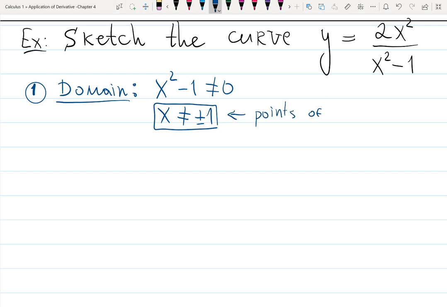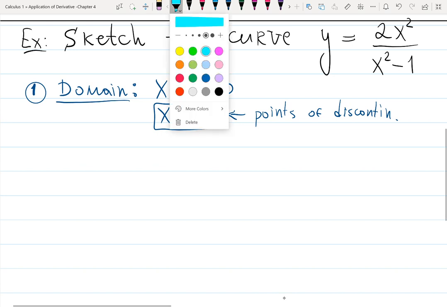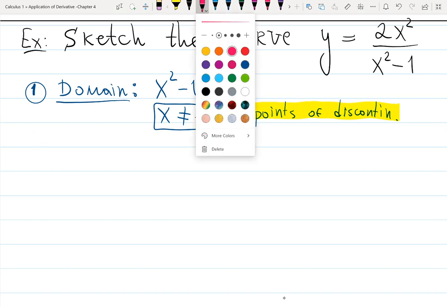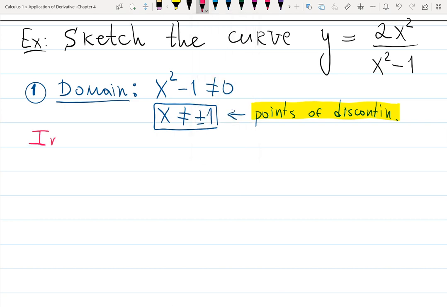Points of discontinuity. Please remember what I'm going to say right now. When you find points of discontinuity for these types of problems, and you will keep going with the first derivative test and second derivative test, always include these points into sign lines. Note: include points of discontinuity.